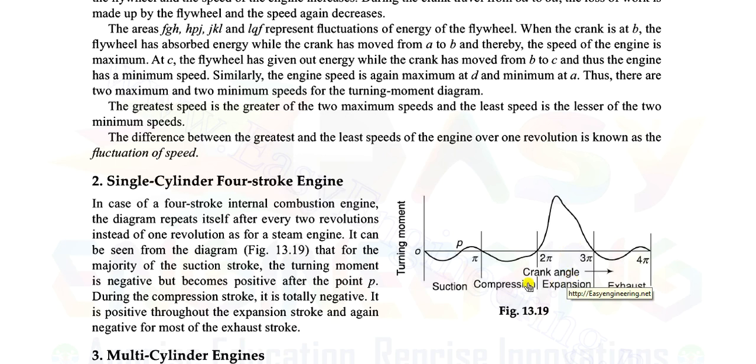Say 1 revolution is completing in 4 seconds. So in 3 seconds you are getting negative power, meaning you have to give power to the engine, and only for 1 second you are getting power.